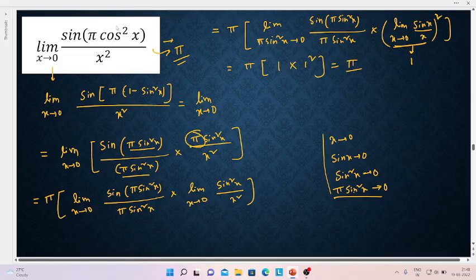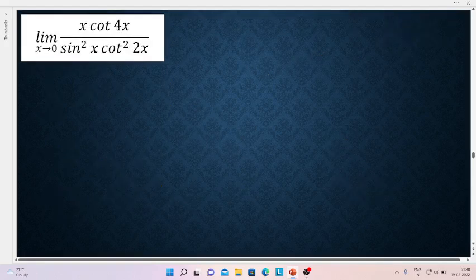Okay, so let's move to the next slide. This is also a very interesting question. First of all, just try to solve this question by yourself. I will give you a few seconds. In these few seconds you have to think whether you will be able to solve this question or not, right? Then I will give you the solution of that particular question. So can you try it by yourself?